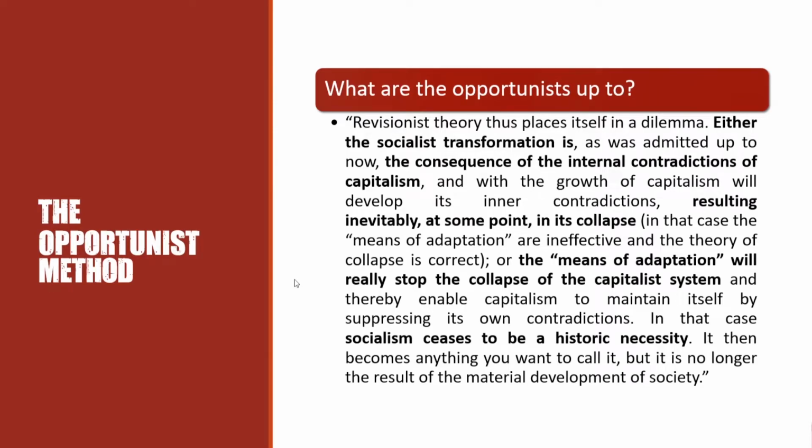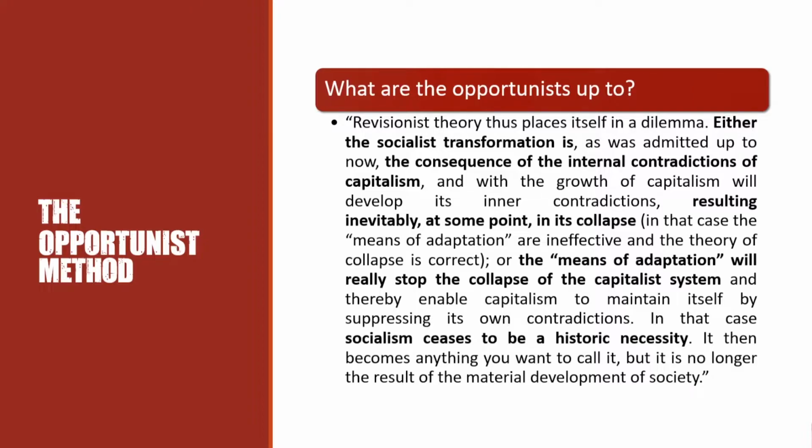All right, so next, what are the opportunists trying to do with this? She says revisionist theory thus places itself in a dilemma. Either the socialist transformation is, as was admitted up till now, the consequence of the internal contradictions of capitalism, and with the growth of capitalism, will develop its inner contradictions, resulting inevitably at some point in its collapse.